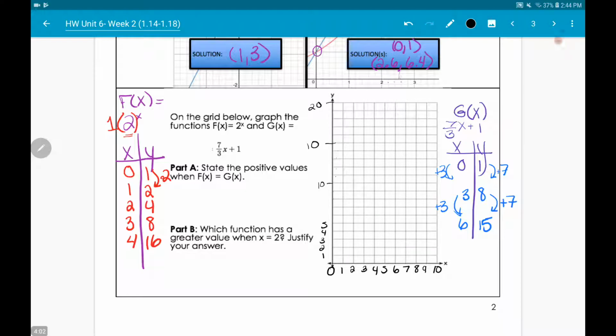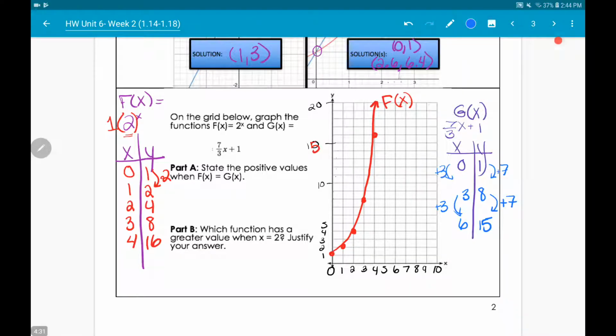All right, and I'm going to plot f of x in red. Oh, it's supposed to be 15. All right, I'm going to label that f of x.